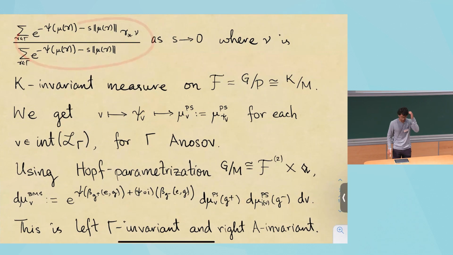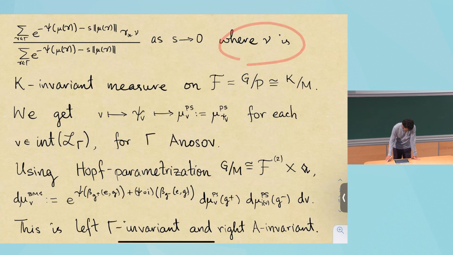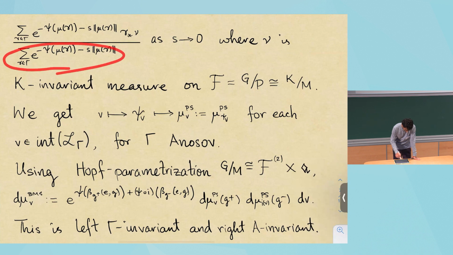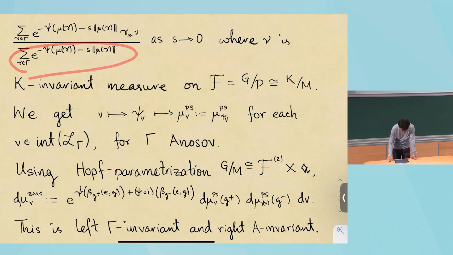This is analogous to the rank 1 situation, where you take a weighted sum over Dirac delta masses, except in this case, instead of using Dirac delta, because you have issues with how you go to infinity and which boundary you converge to, we can take a k invariant measure and then move by gamma and take this weighted sum divided by, and then you just normalize.